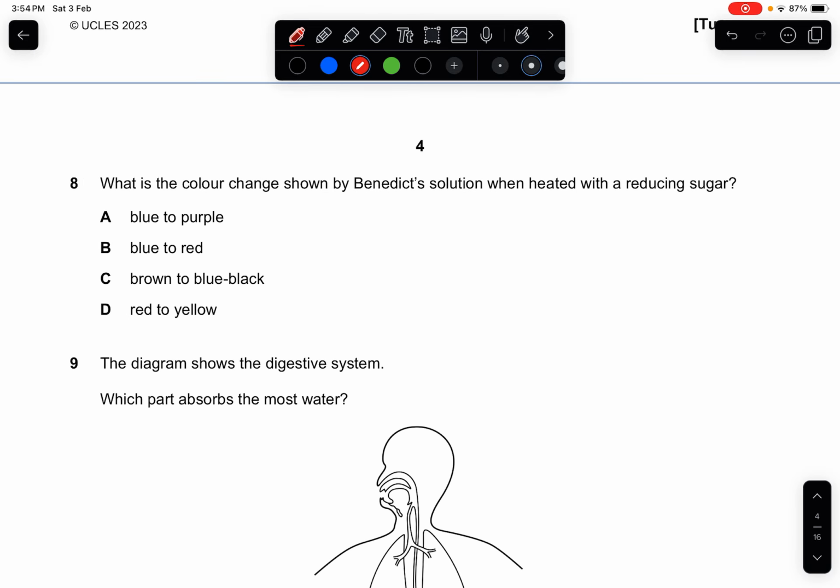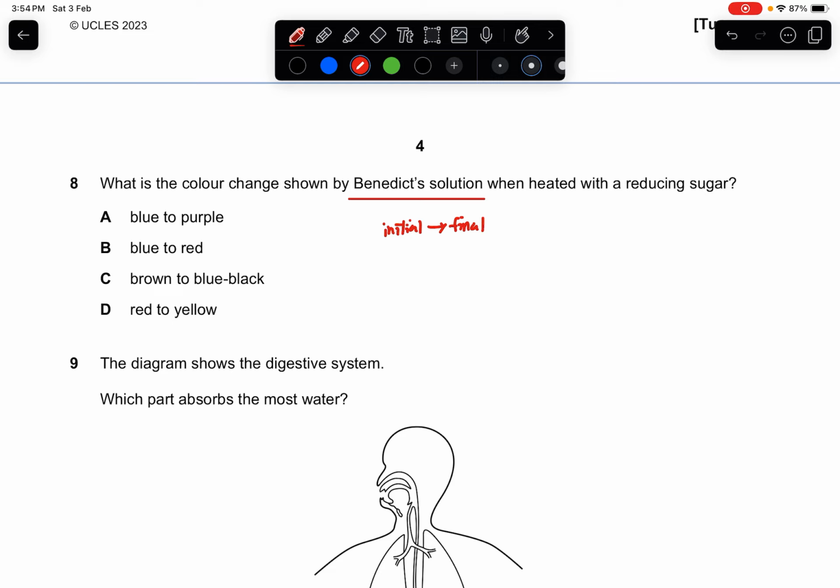Question 8. What is the color change shown by a Benedict solution when heated with a reducing sugar? Okay, this basically is telling you what is the positive color change when it's heated. So since they show you two different colors, they want you from initial to final color.